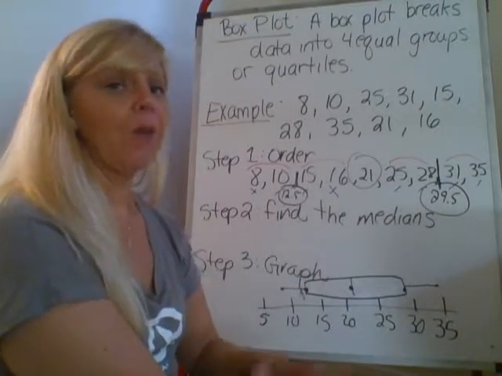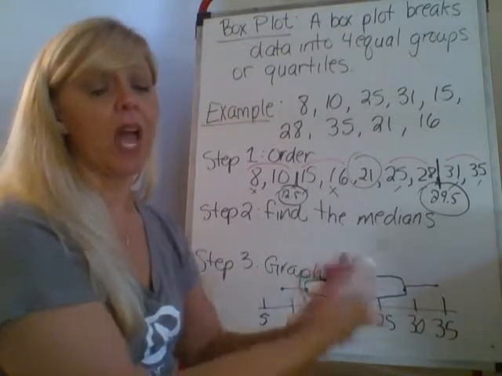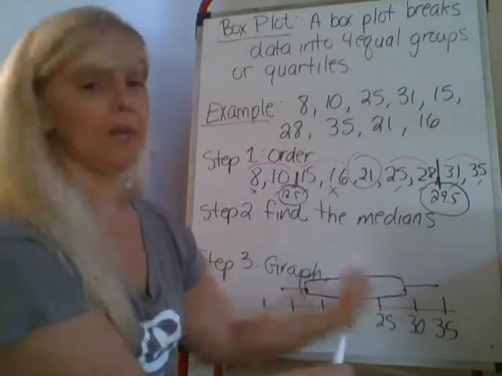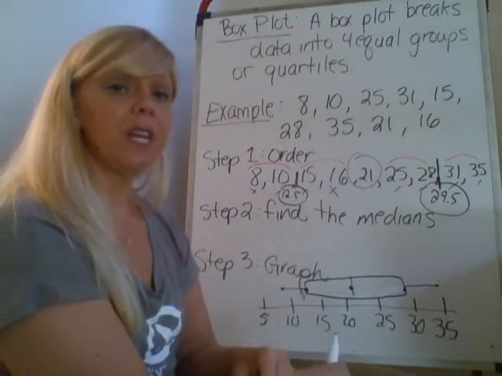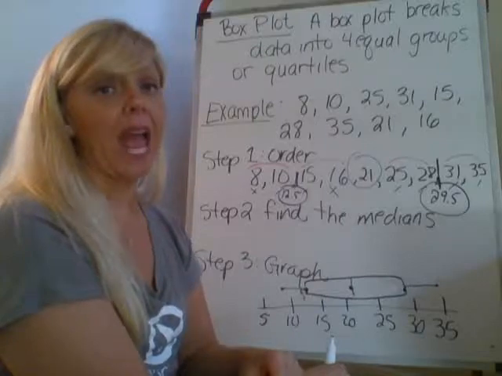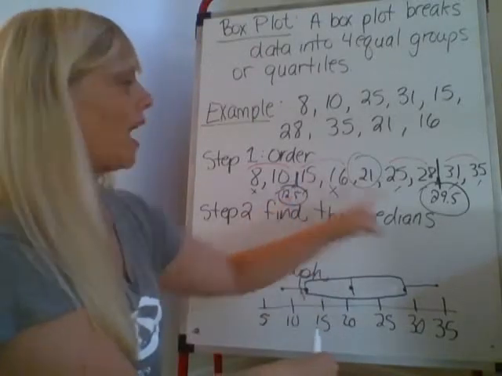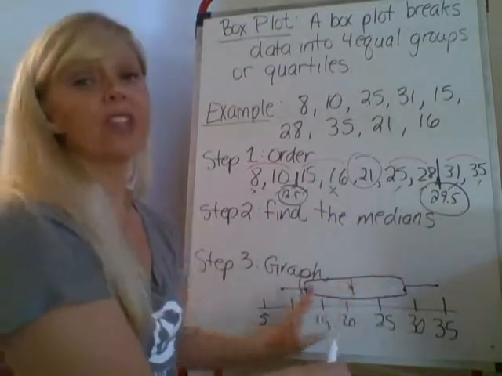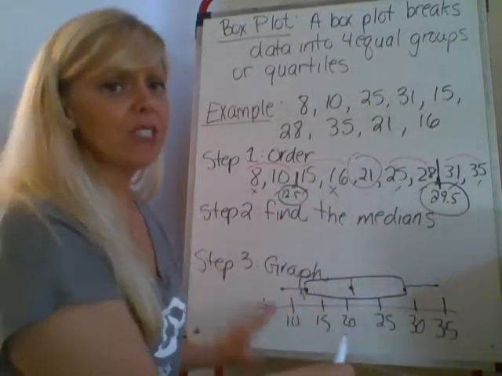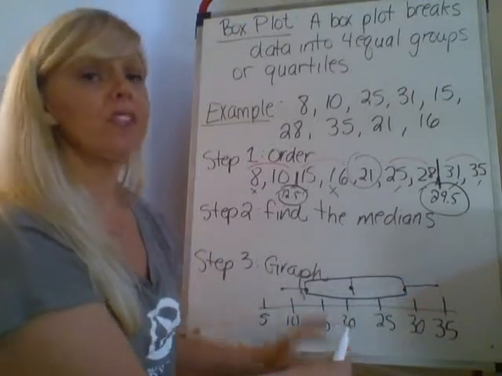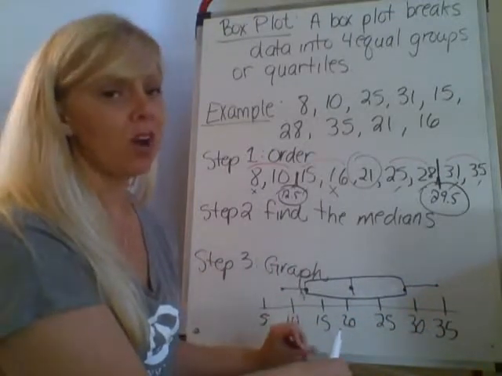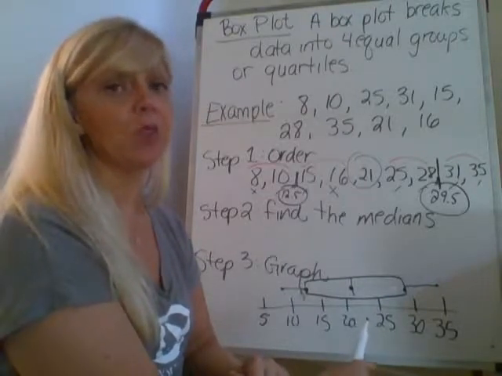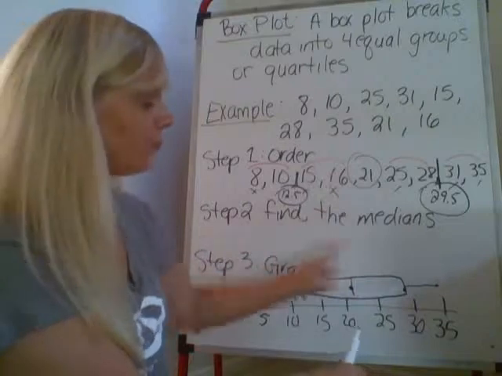And from a box plot, we can read the following information. I know the median. I know the lower median and the upper median. Now, just like in the first example, none of my medians were actual numbers. Just like 12.5 and 29.5 are not actual numbers. So I don't know those actual numbers if I'm just given this box plot. I know what the medians are, but they might not necessarily be actual numbers.